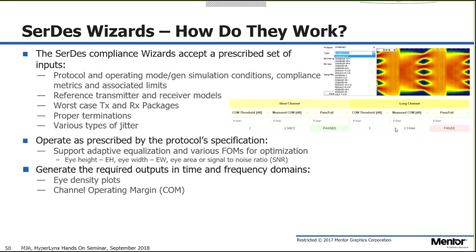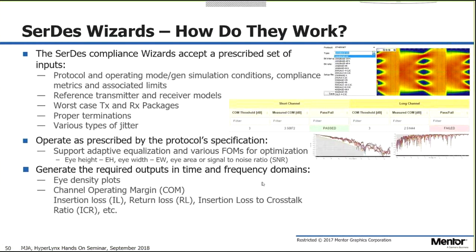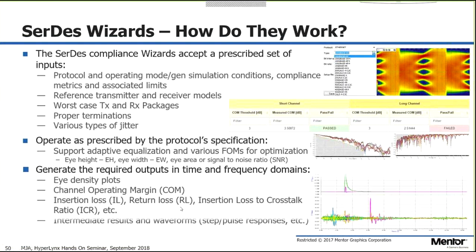And we get some in the report. We get values, what the margins are that were measured. And we also get S-parameter plots back, so we can see how they're performing from that perspective. And then there's also the TDR response included, so we can see that response there.